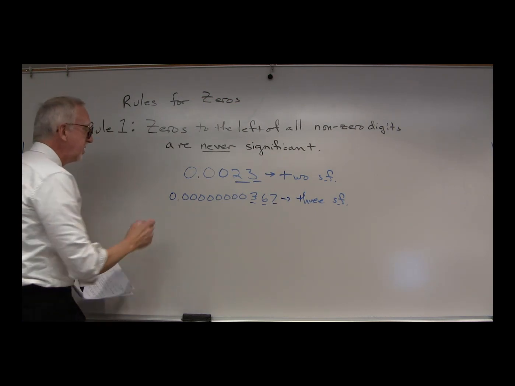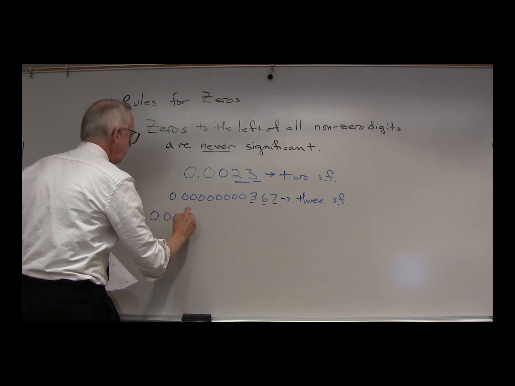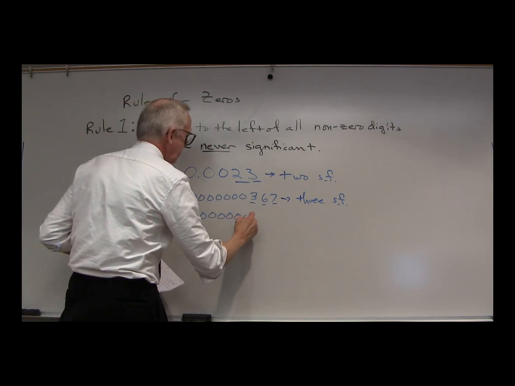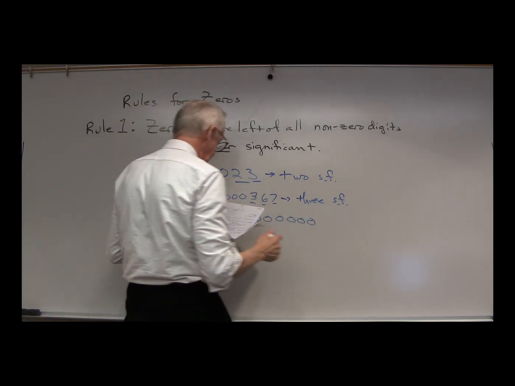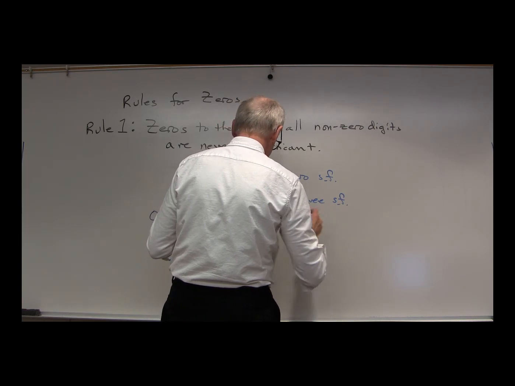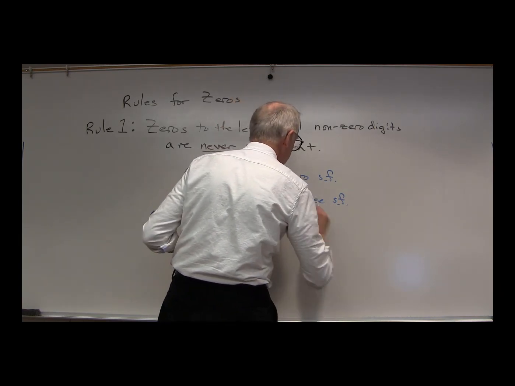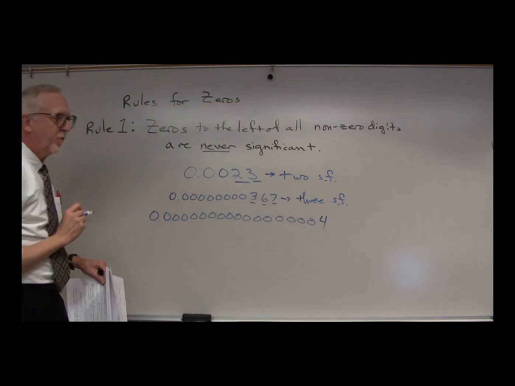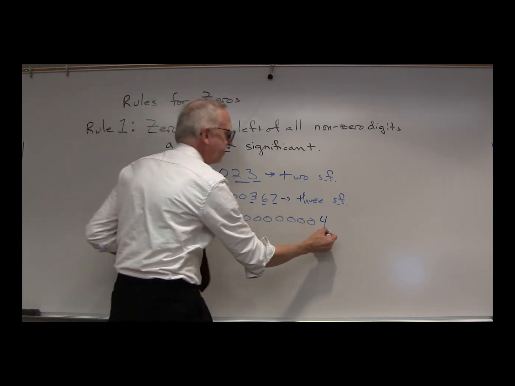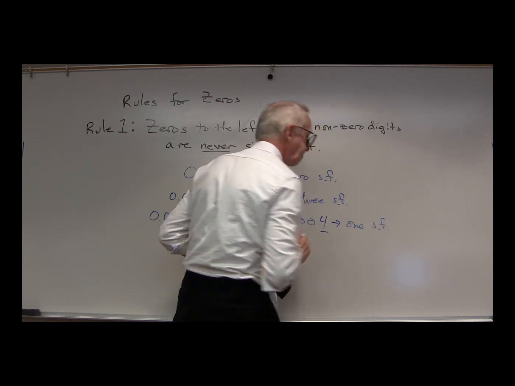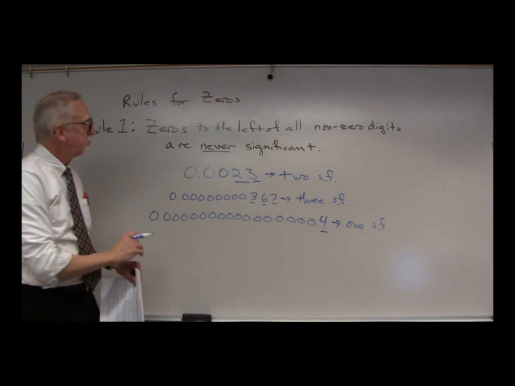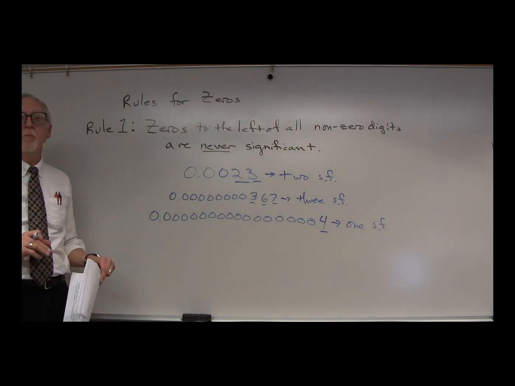Doesn't matter how many zeros there are, if it ends in a 4, that still only has 1 sig fig. Okay? Great. There is rule number 1.